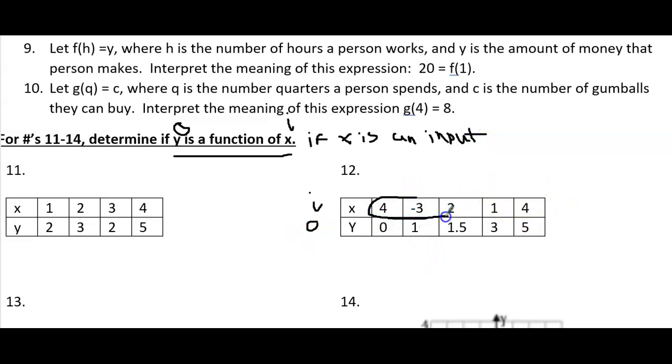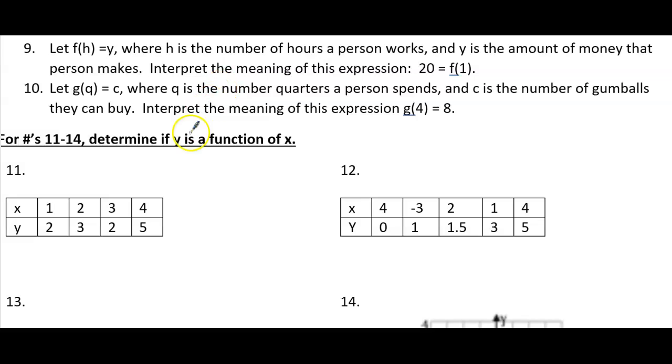Well, you could tell by looking at the numbers in the row here. So long as there's no numbers that are repeated, then it can be an input. But as you can see, I have a 4 here that's repeated. This input gives me 2 different answers, 0 and 5. An input is not allowed to have more than one output with it. So, since I have some repeats here, the answer is no. Your input row cannot have repeats.